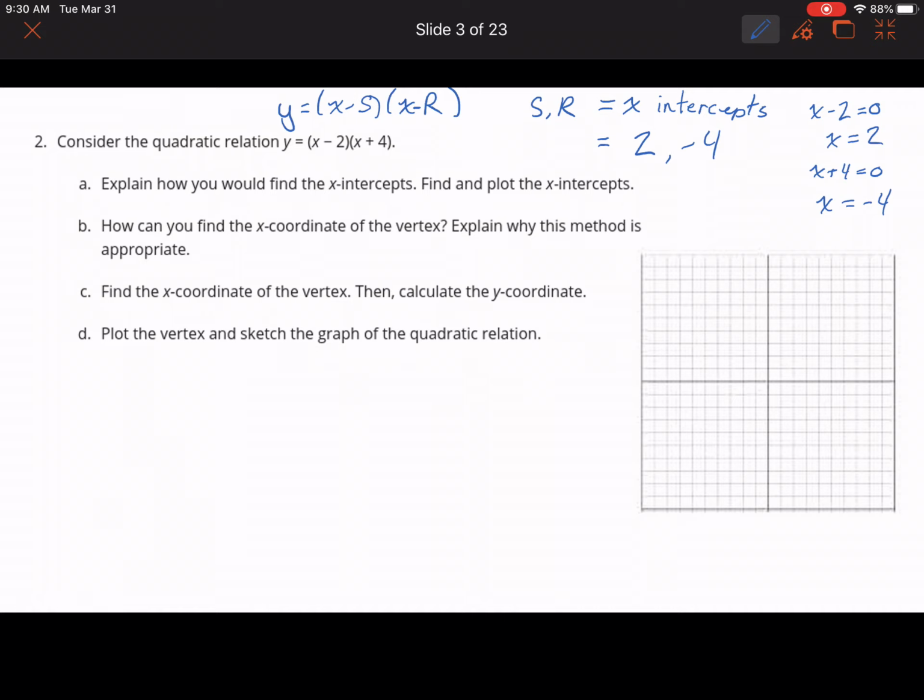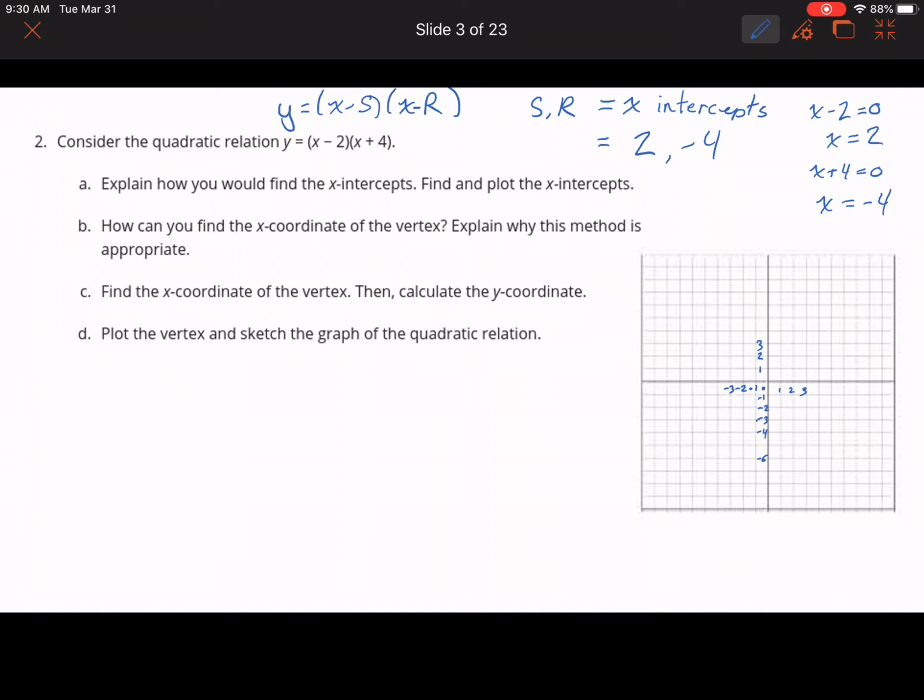So remembering that we always need to label our graphs at least 1, 2, 3 in every direction, being down, below, and to the left.